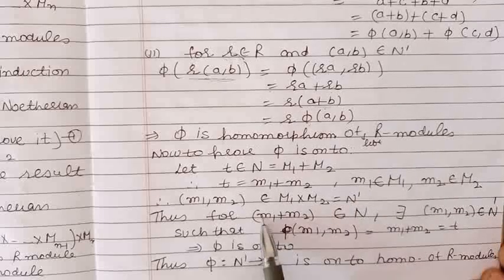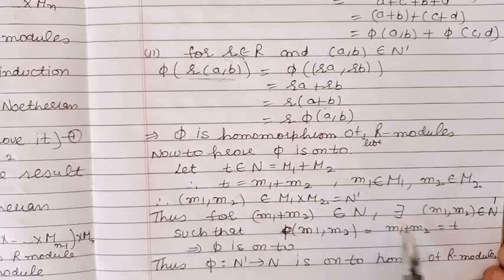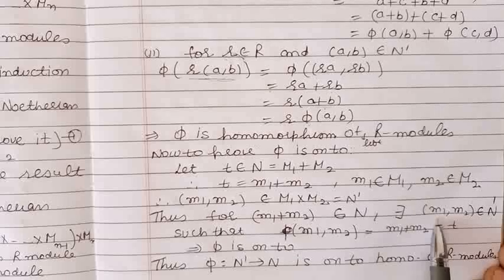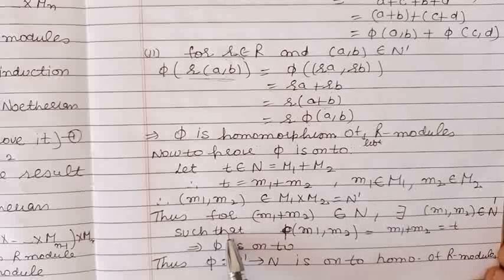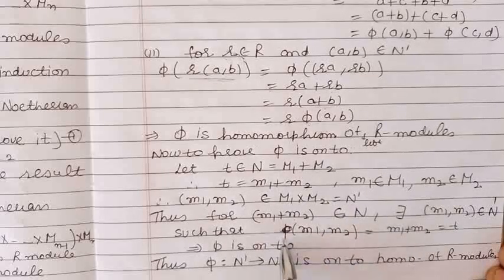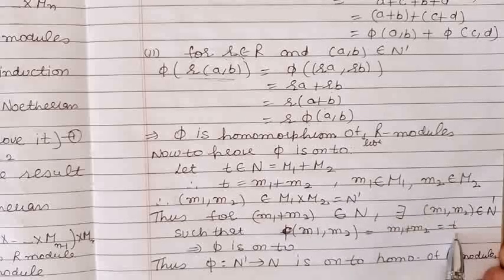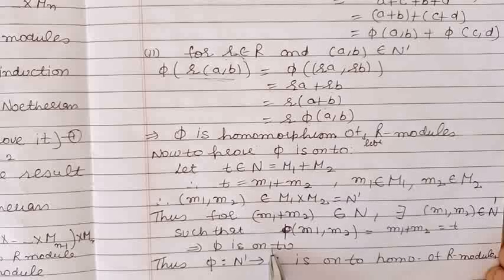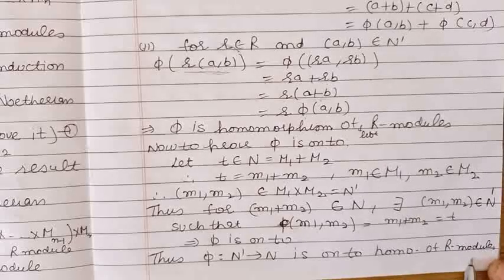Thus, for m1 plus m2 belonging to the module N, there exists an ordered pair consisting of elements m1 and m2 from the module N dash, such that the image of this ordered pair under the mapping phi is the element m1 plus m2, and m1 plus m2 is T, which was an arbitrary element taken from N. So we have proved the definition of an onto mapping. So this proves that phi is an onto homomorphism of R modules.